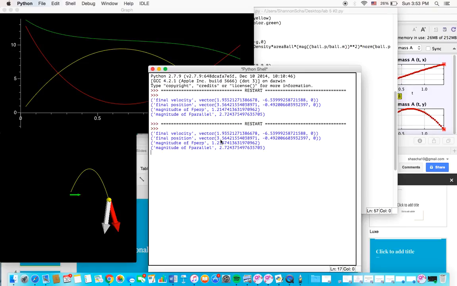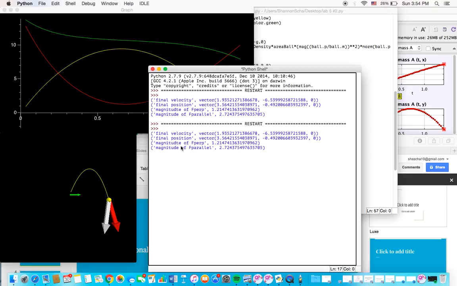The final position is 3.56, and in Tracker it was 3.67, and for the y direction the final position here is negative 0.49, and in Tracker it was negative 0.38.